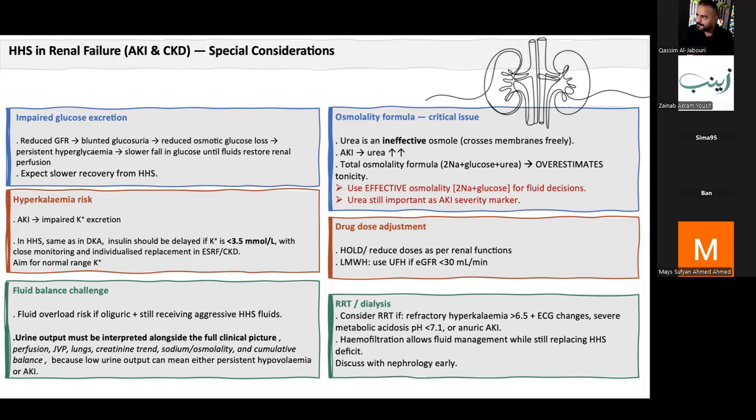I mean, dear doctor, we have a formula that we use in our daily practice, which is called the PADUA score. I don't know if any of the audience are familiar with it, but it is found in MedCalc and a lot of websites.